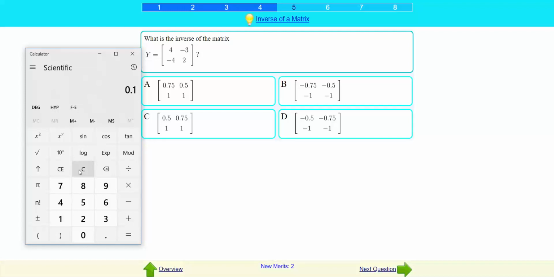What is the inverse of the matrix? So we have 8 minus, oh yeah, that's a positive 12 minus positive 12. So negative 2, or negative 2, negative half. So negative half will be negative half.